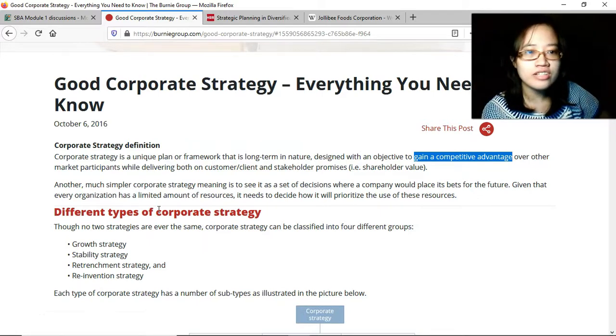Given that every organization has a limited amount of resources, it needs to decide how it will prioritize the use of these resources. So in a way, strategize, make a plan on how you're going to utilize the resources to meet the goals and objectives of the business. Okay, in prior videos, we've already discussed the corporate objectives, or business objectives.